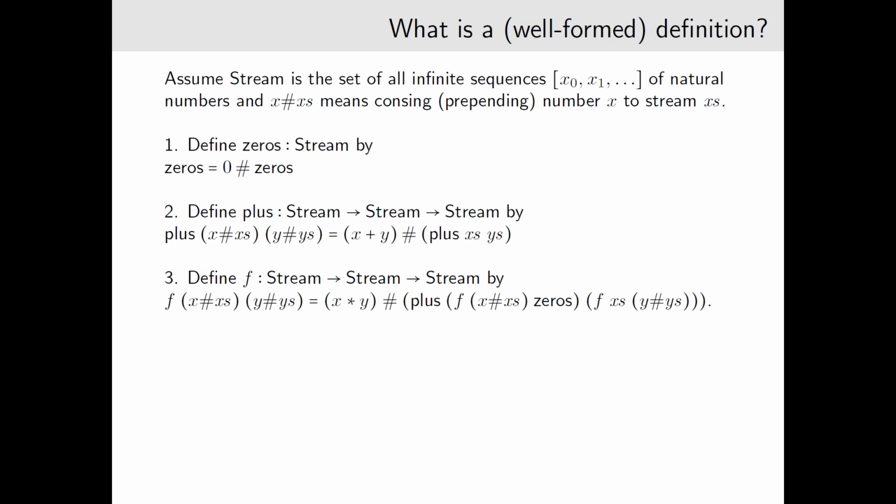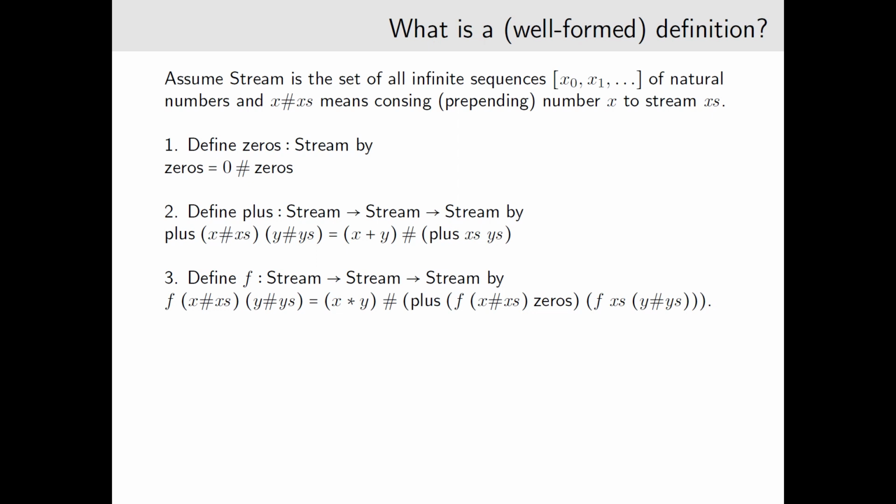Okay, here's where things maybe get a bit more tricky. We have another definition here. This is another binary function called f that I don't really know what it does. But let's see whether this definition is correct, whether it makes sense. So does there exist a unique f that satisfies this equation? We could try to reason our way again through the productivity argument. And we see that we will keep producing elements of the result.